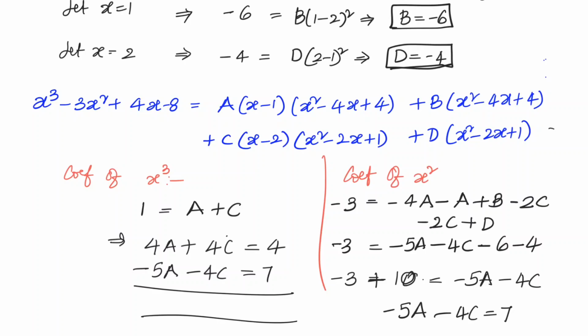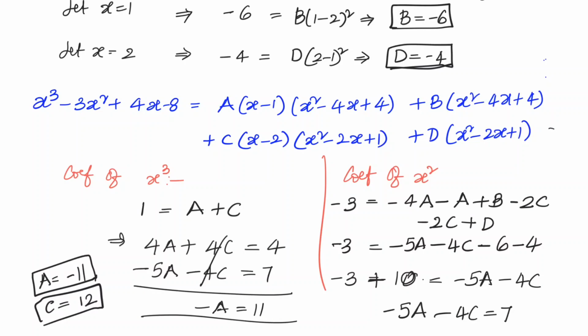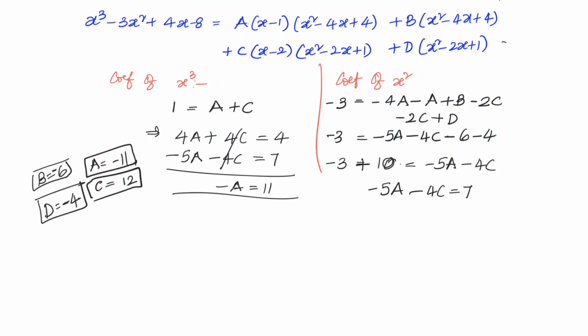We get minus a equals 11, or a equals minus 11. But remember, we also know that a plus c equals 1. That means c should be 12, because a is minus 11. So c should be 12, then only a plus c equals 1. So we got the values of a as minus 11, b as minus 6, c as 12 and d as minus 4.